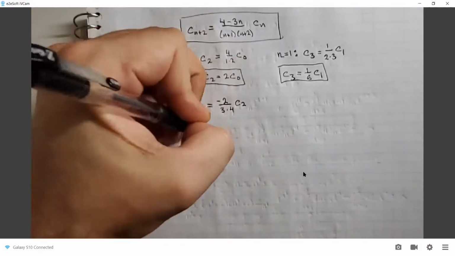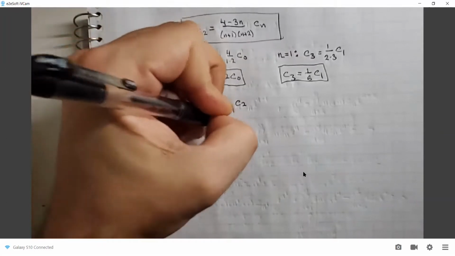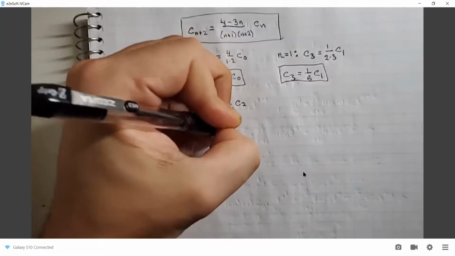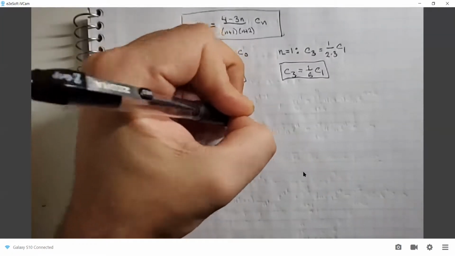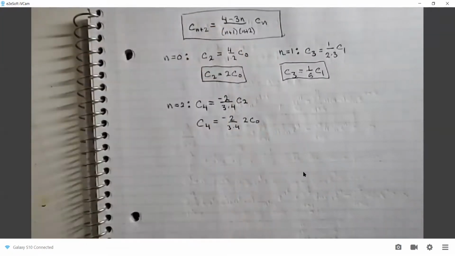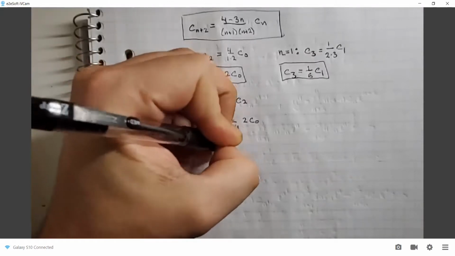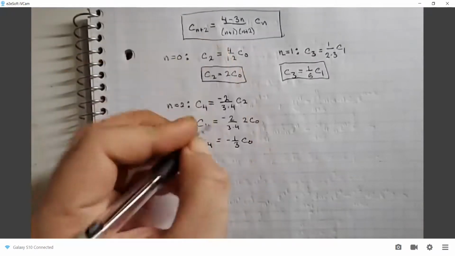So c sub 4 equals -2 over 3 times 4 times 2 c sub 0. And that simplifies down to -1/3 c0, I think. Okay, cool. So c sub 4 equals -1/3 c sub 0.